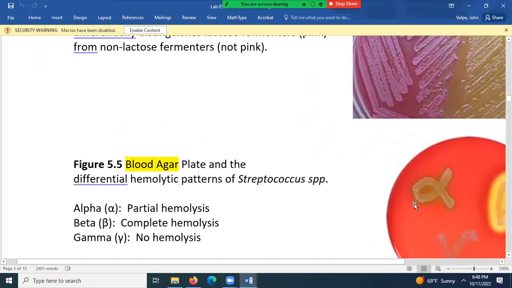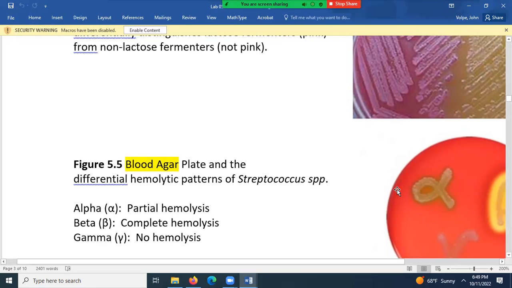So this dark shadow around the white alpha, which is the bacteria, that darkening is the partial hemolysis. And that usually looks either darker in color than the blood, or it looks somewhat greenish compared to the blood. And that is from partial hemolysis. Right there, we can see the partial hemolysis very clearly inside the alpha.